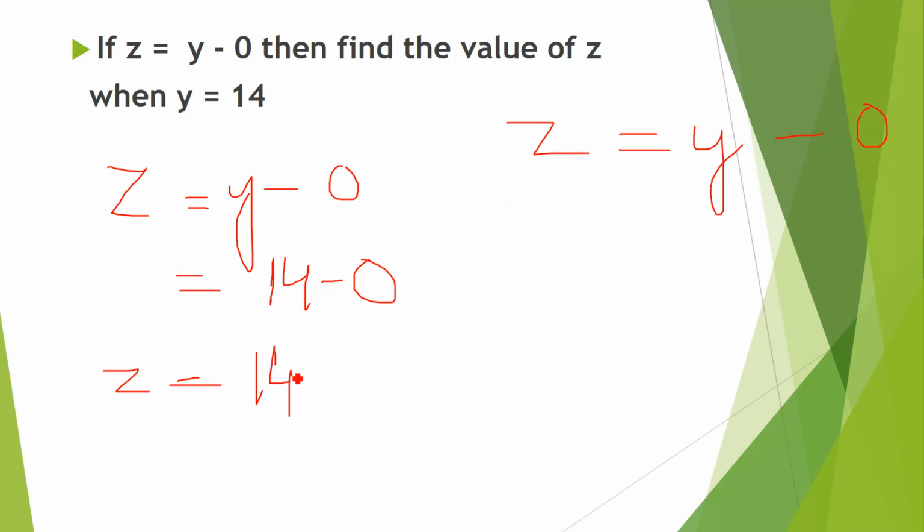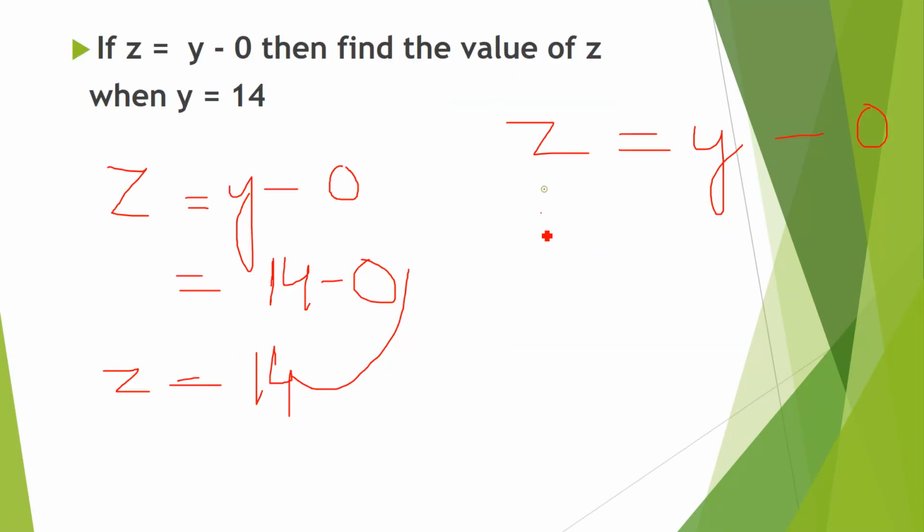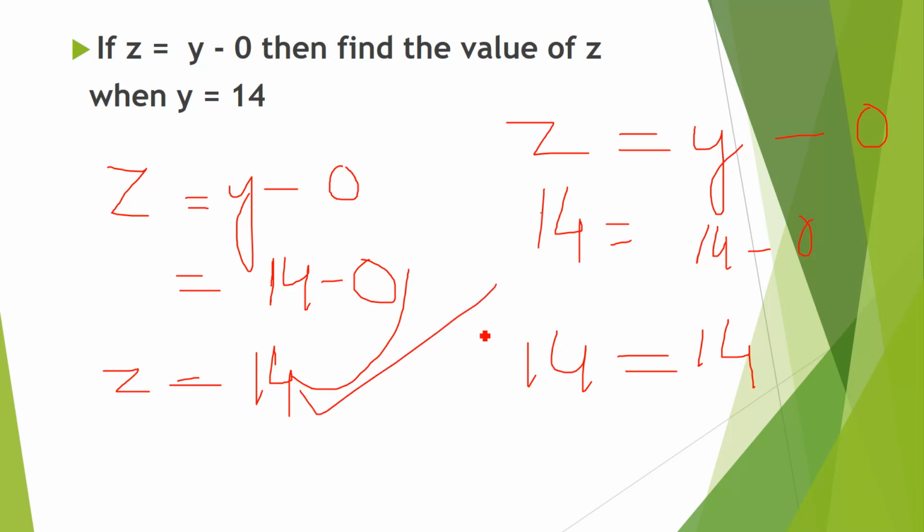So the value of z is 14. Write down 14 here, and the value of y is 14 minus 0. So 14 equal to 14. So left hand side equal to right hand side. It means your answer is right.